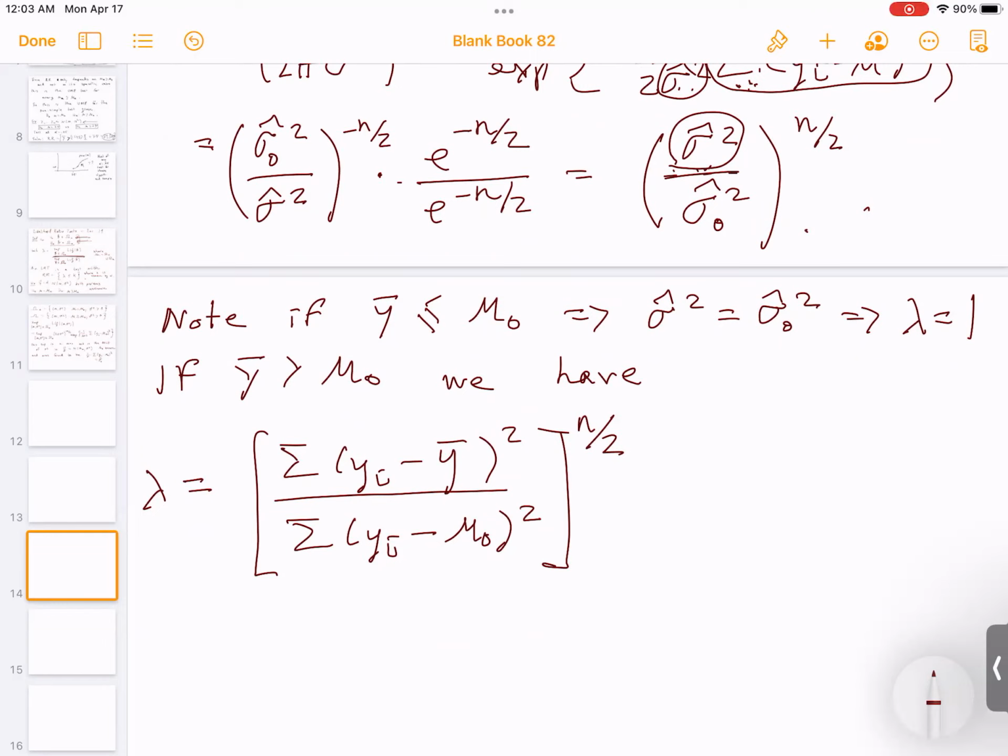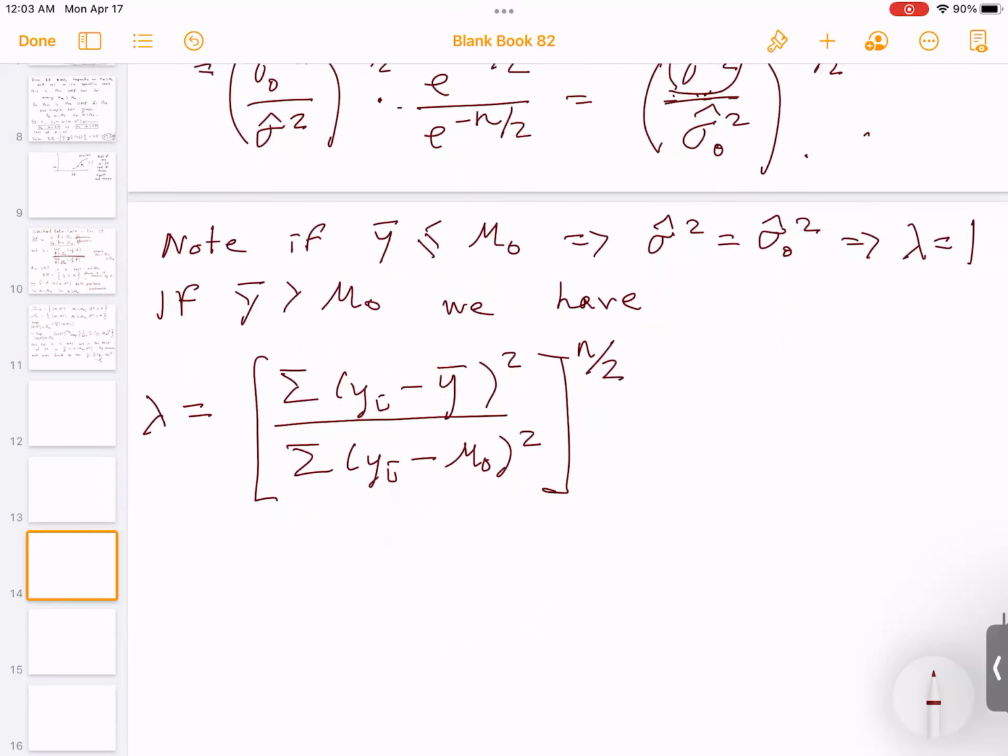I can simplify this slightly. Note that we can rewrite this as follows.